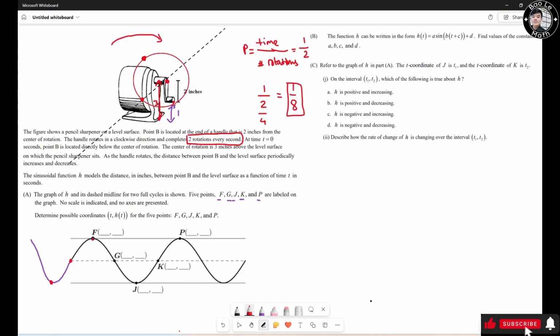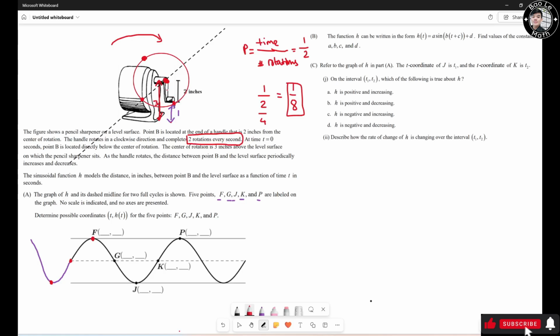Alright, so when the handles rotate to the maximum point, which is the point F, we know that the distance from the center to the baseline is 3. The distance from the center to the handle is 2, and the distance from the handle to the baseline is 1, because 3 minus 2 equals 1.